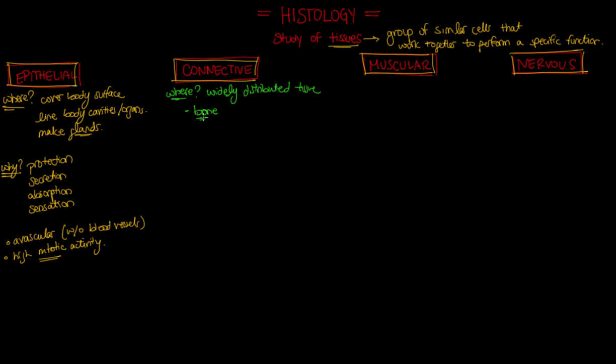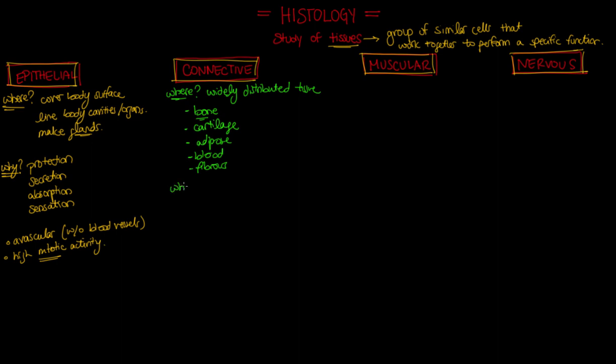For example, bone is considered connective tissue. So is cartilage. We also have adipose tissue, so fatty tissue. Also, blood is considered a type of connective tissue, and we also have fibrous tissue. And so as you can see, you're going to find connective tissue all throughout the body.